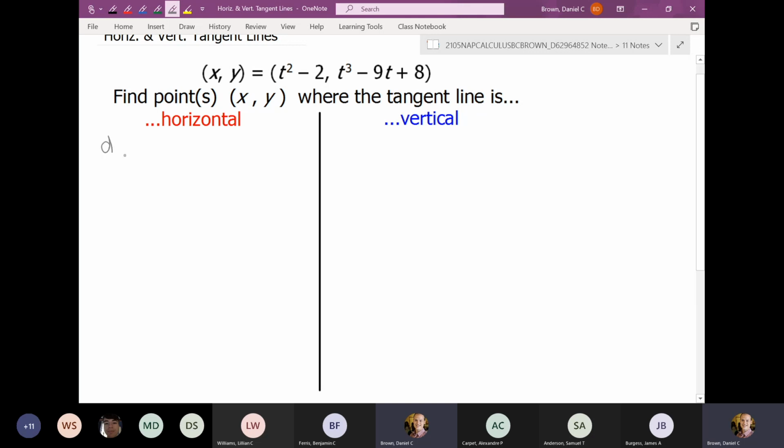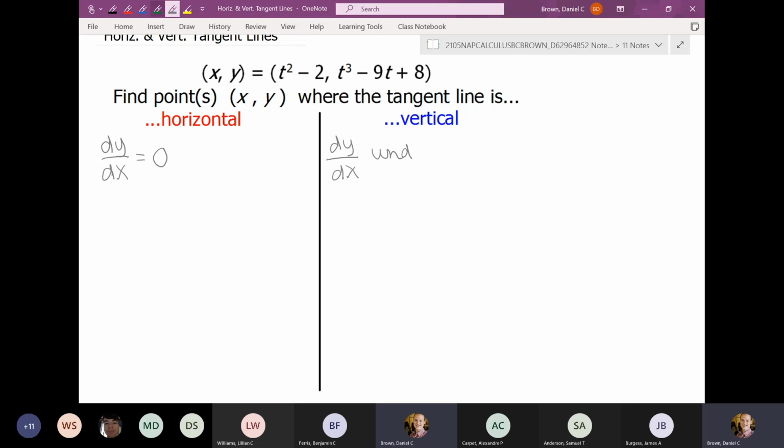A horizontal tangent line is when the derivative dy dx is equal to 0. A vertical tangent line would be when the first derivative is undefined, because the line is vertical, so the slope would be undefined.